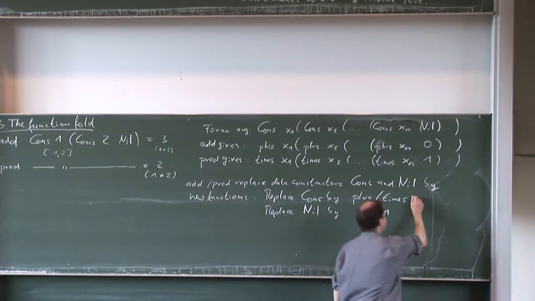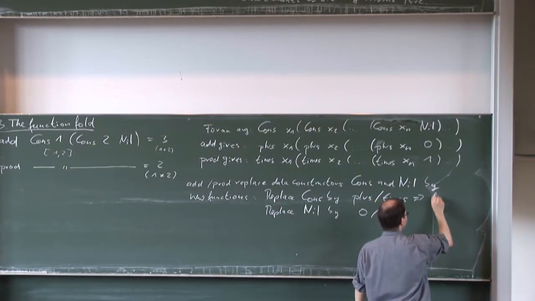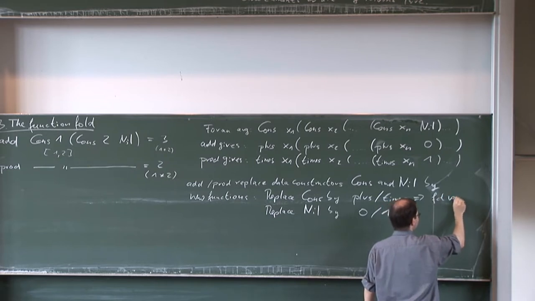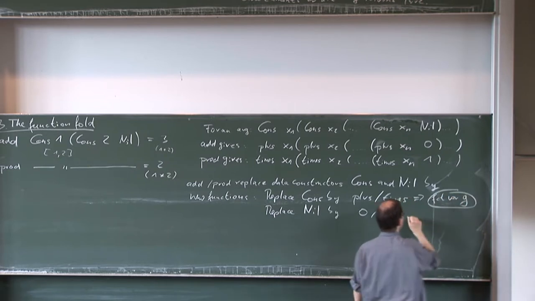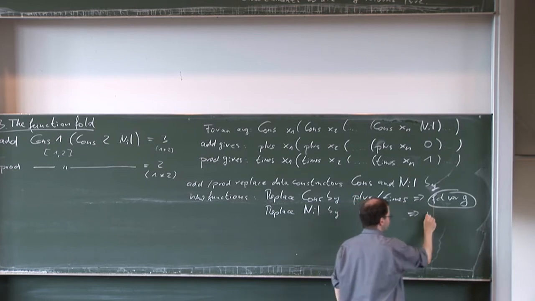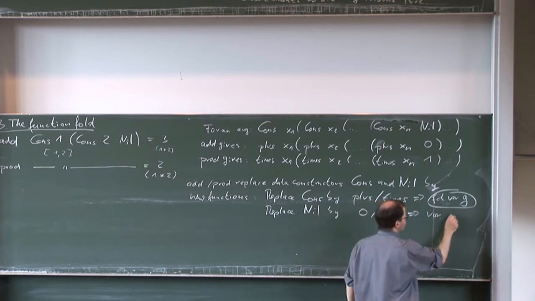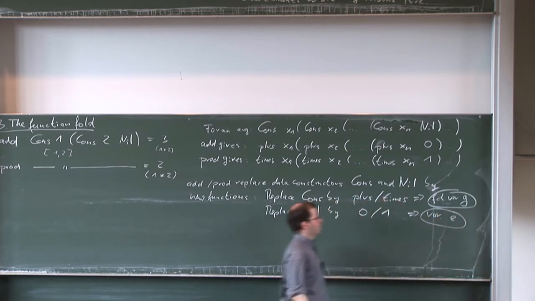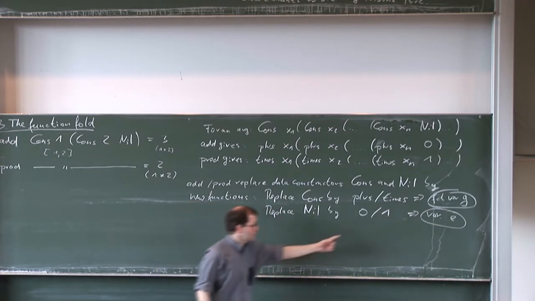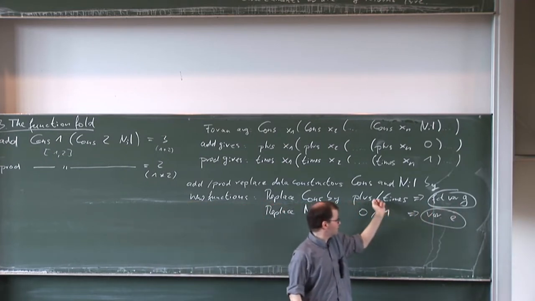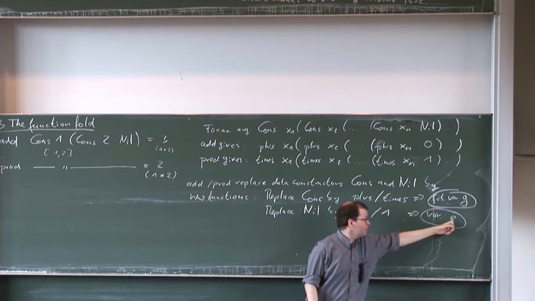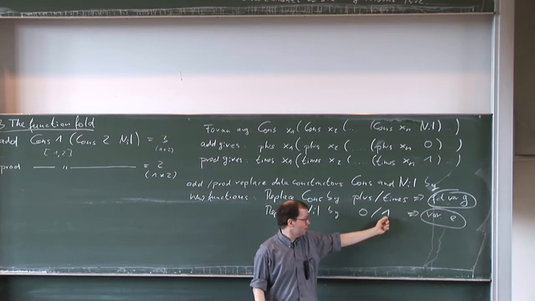So let's abstract this to a function variable, g, and let's abstract this to a variable of type integer, let's call it e. And then g will be instantiated with plus in one case and with times in the other, and e will be instantiated by 0 or by 1.